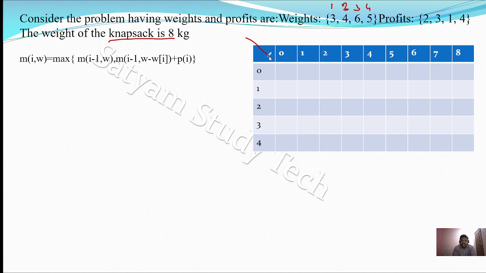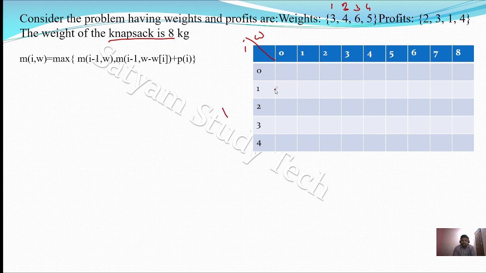We use the tabulation method, where the profit values are stored in the table. The bag capacity of 8 is divided into subparts 0 to 8. The rows indicate i, from 0 to 4 for the 4 objects, and the columns indicate w, the total weight, from 0 to 8.